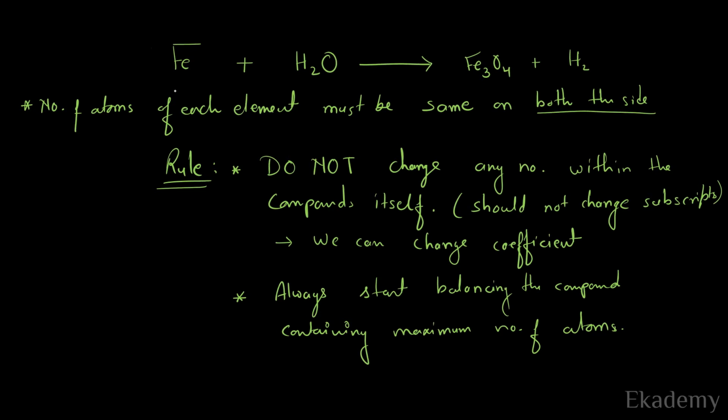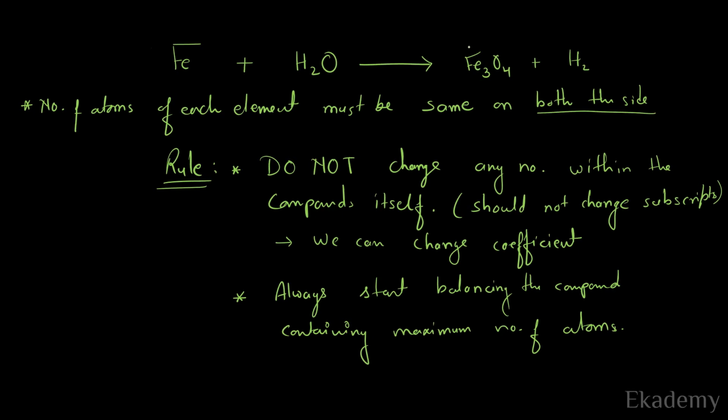For example, if we are considering this chemical equation, we have several compounds here. Let's say water is a compound. How many atoms are there? Two hydrogen and one oxygen. That means there are a total of three atoms in this compound. What about Fe3O4? We have three iron, four oxygen atoms. So in total we have seven atoms in this compound, and here only two.